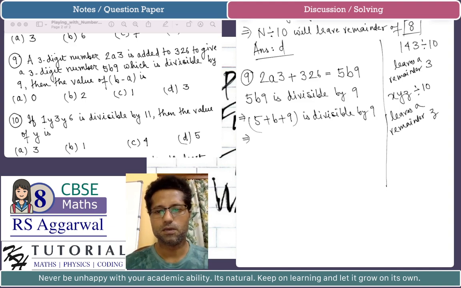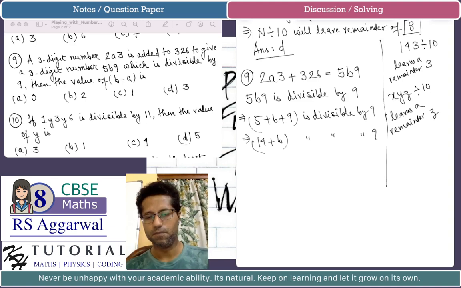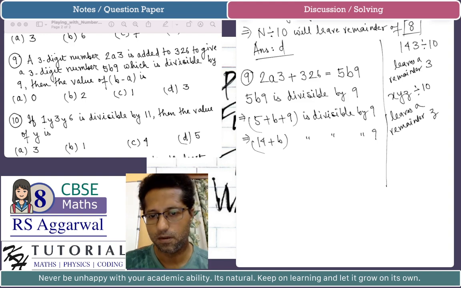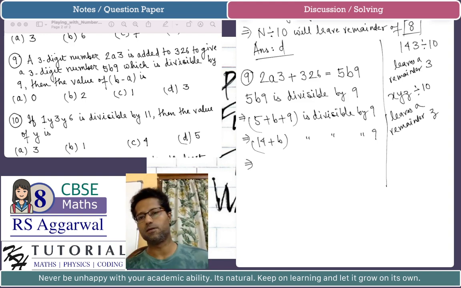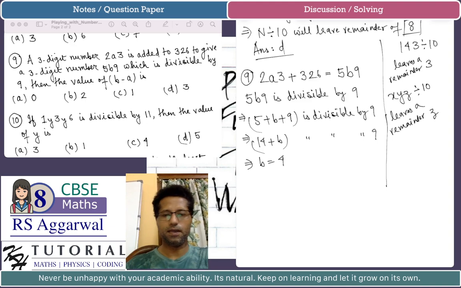This implies 14 plus B is divisible by 9. Now what can the value of B be? B is a digit. What can the value of B be such that 14 plus B is divisible by 9? The next number after 14 which is divisible by 9 is 18. So this implies B must be 4. B cannot be any other value.